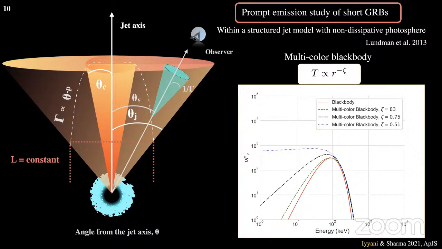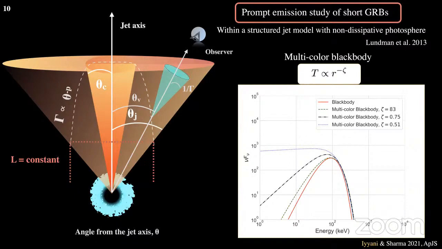Because the Lorentz factor is continuously decreasing, the Doppler boosted temperature in the observer frame will be of various values. So it will be a superposition of many black bodies with a decreasing temperature profile. Therefore you will be seeing a multicolor black body, and the low energy part of the spectrum would get much softened. That is what we can see in the plot on the right side.